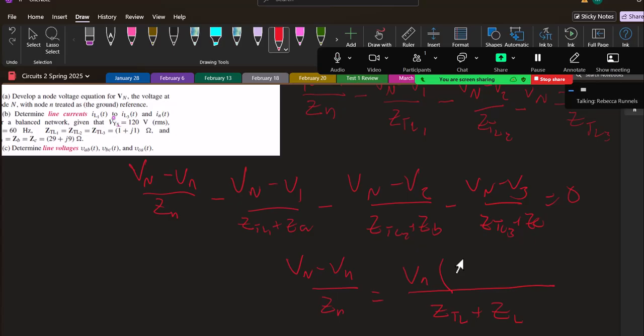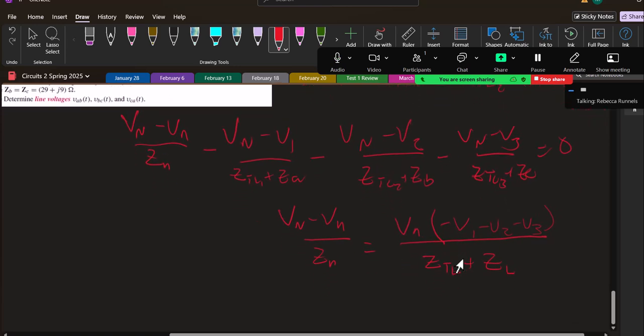So I get minus V1 minus V2 minus V3. Oh, I guess it doesn't matter because they're really magnitudes, and when I put the minus on it, I would just be changing the angle. And then, let's see.